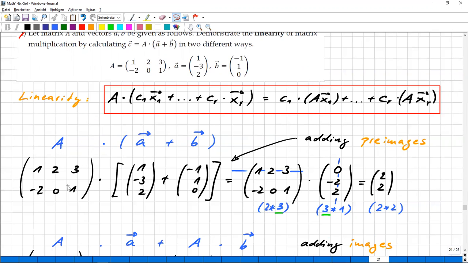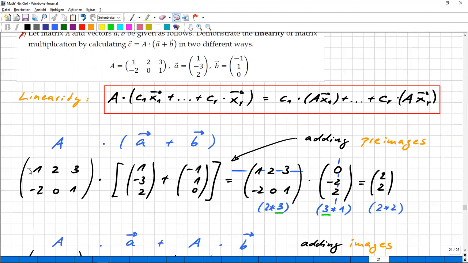Like if you make a photograph of a landscape, what you receive on your photograph, which is two-dimensional, is the result of such a matrix operation. So this is very important in computer graphics and things like that, okay? So don't wonder that you get only a two-component vector as a result.